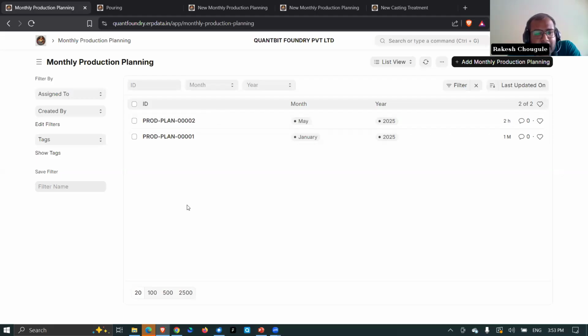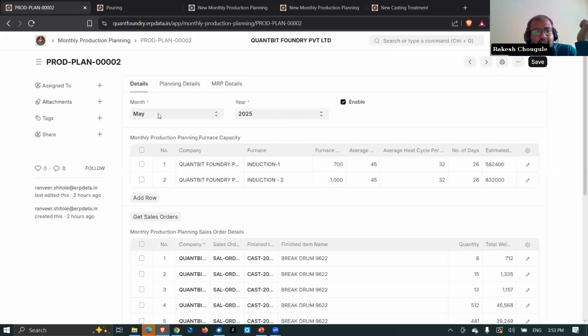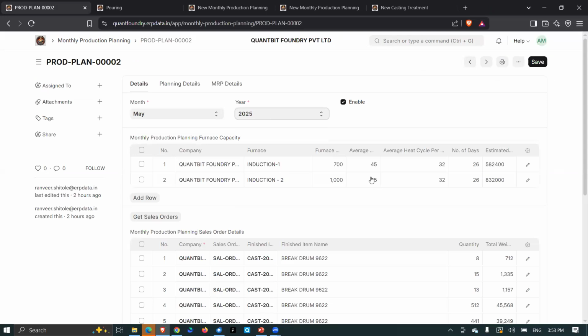Here you can see the production planning. Here I'm making a month planning, then for which financial year I am making the planning. Then there is furnace wise capacity planning. So we have first made capacity planning with respect to each furnace.